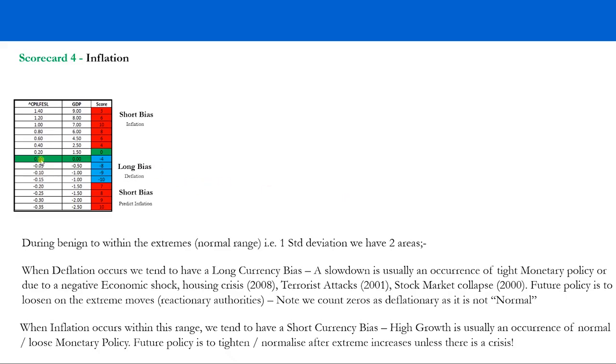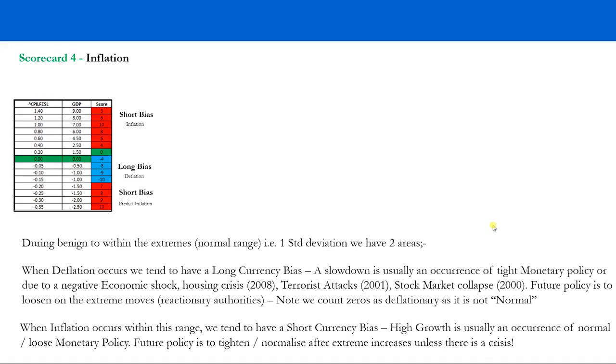You can see we're going up in increments of 0.2% on the inflationary side, and it's tighter on the deflationary side, going down in increments of 0.05%. These numbers are again associated historically with certain levels of real GDP growth. And then we assign our scores as inflationary, deflationary, and in the zones of short and long bias.